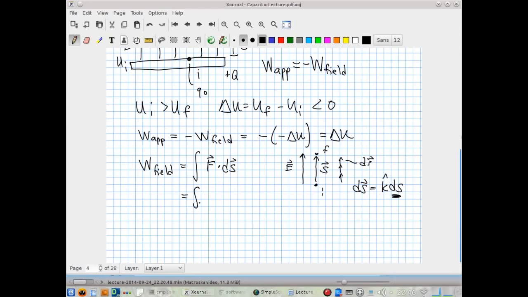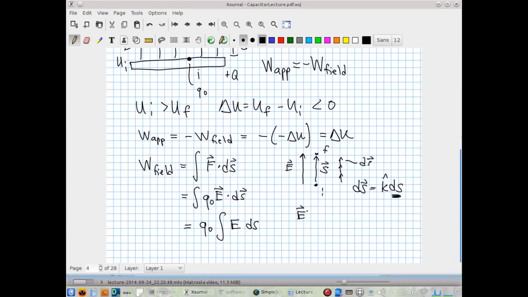And since the force exerted by the electric field is just going to be given by the test charge times the electric field at each point, and because that electric field doesn't change at all for every step we take in the trip, we have a fairly simple integral to do here. We just wind up with Q naught, the integral of E ds, and that's it.